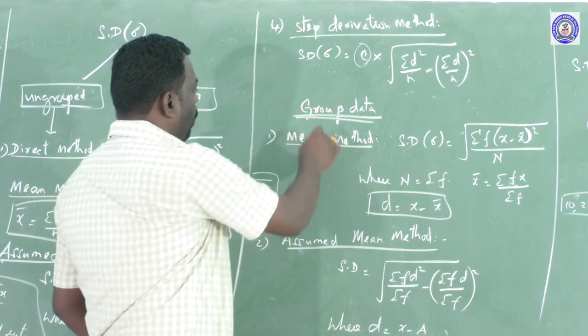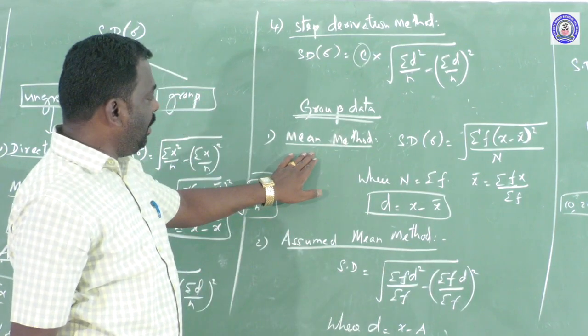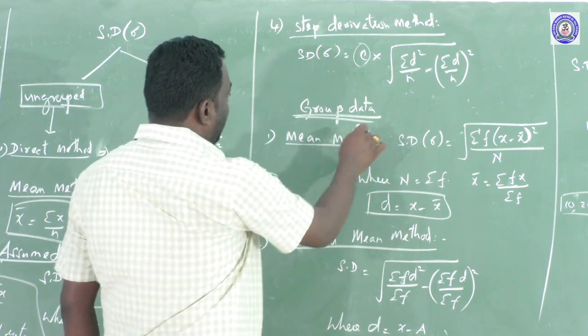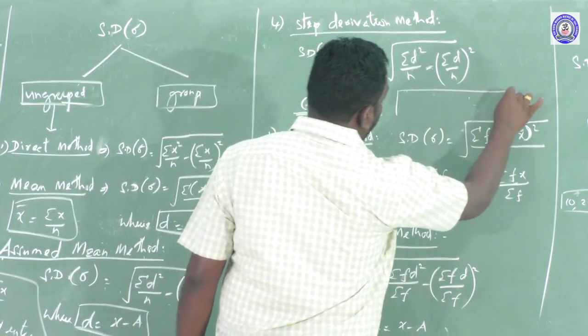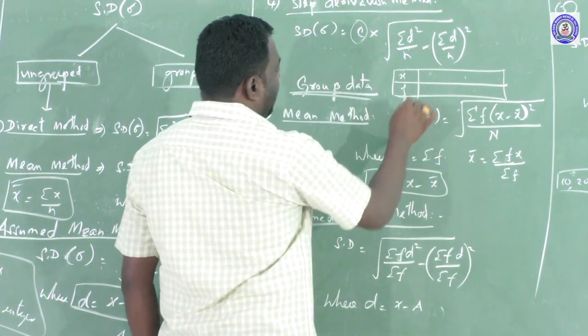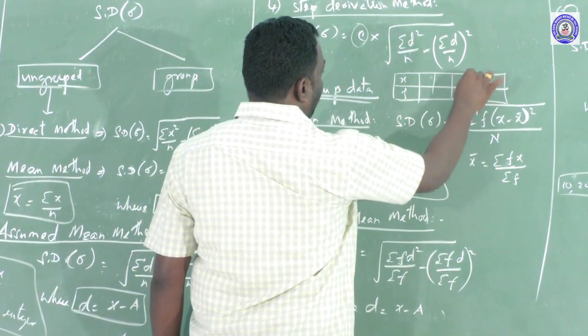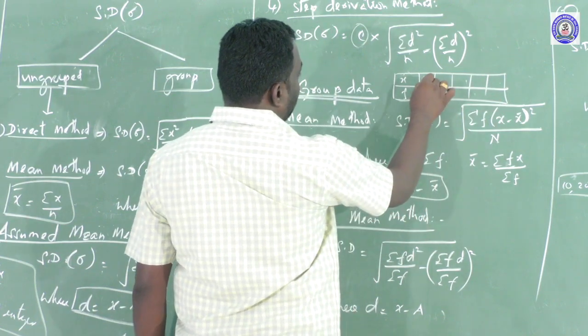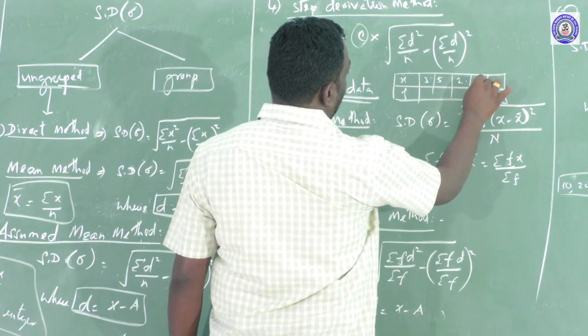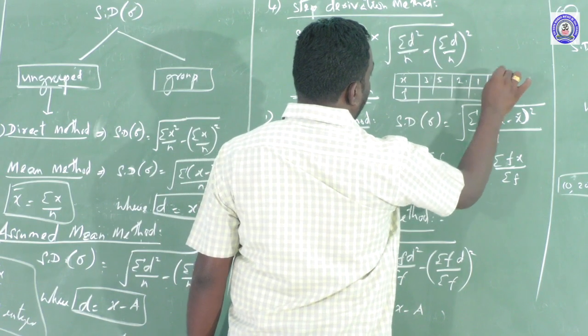Next, we come to grouped data. What is meant by grouped data? Grouped data means two values are given, x and f. For example, x is the number of students, given as 3, 5, 2, 1, 8.